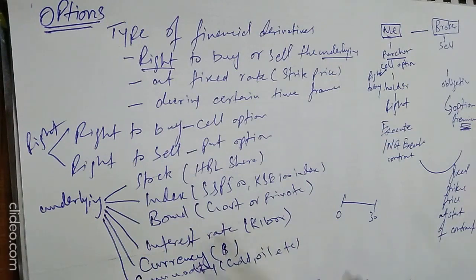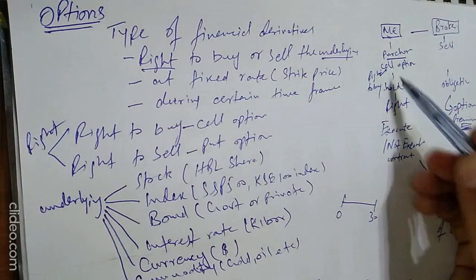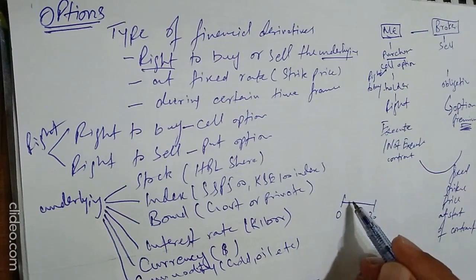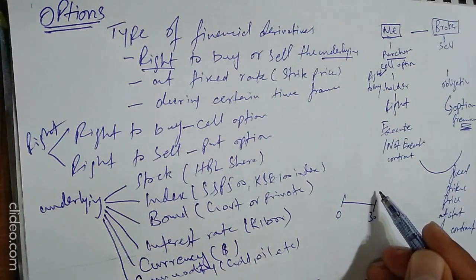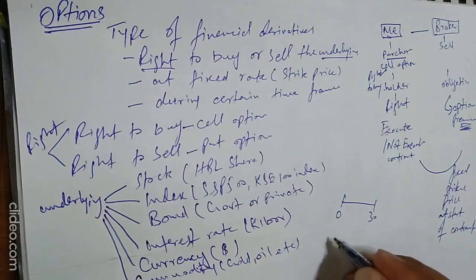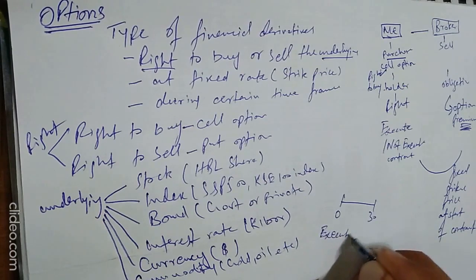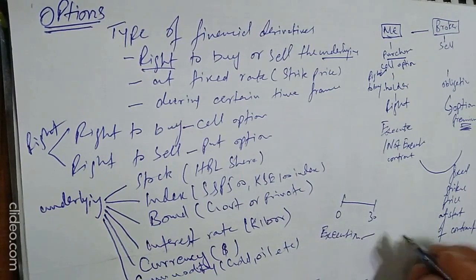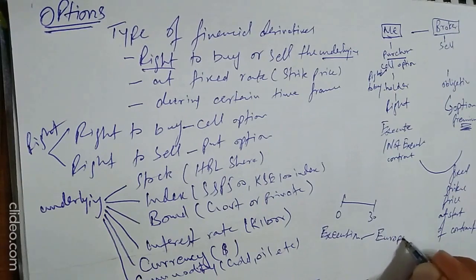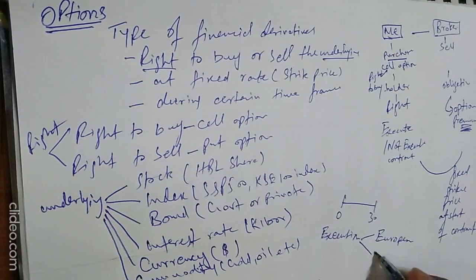One thing remaining is the exercise of the option. I have a right to execute or not to execute. So the question is, when can I execute the option contract? On the basis of execution, we have two types of options in the world: one is the European options, and the second is the American options.